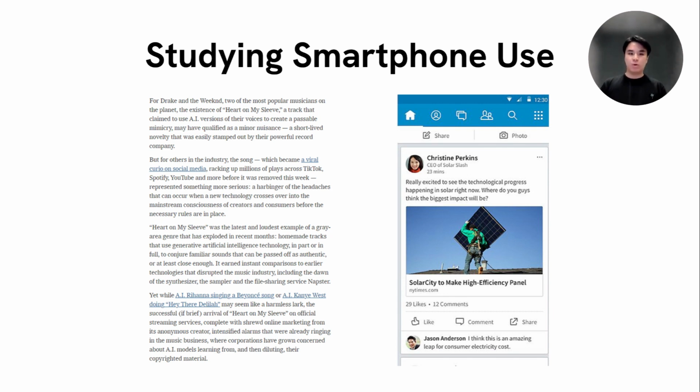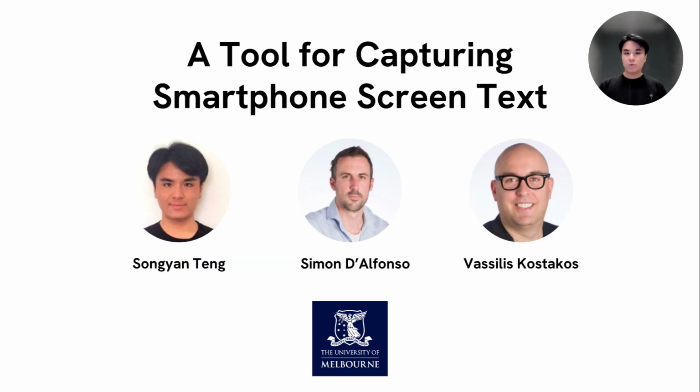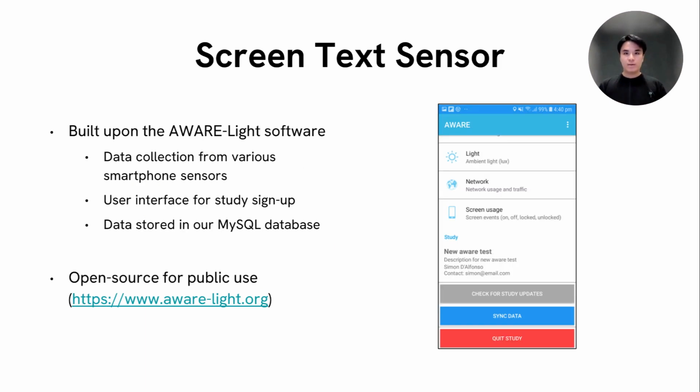This is what we explore in our paper, a tool for capturing smartphone screen text, written by myself, Songyan Teng, and my colleagues Simon D'Alfonso and Vassilis Kostakos. To more effectively capture smartphone usage, we developed the screen text sensor built upon the Aware Light software.